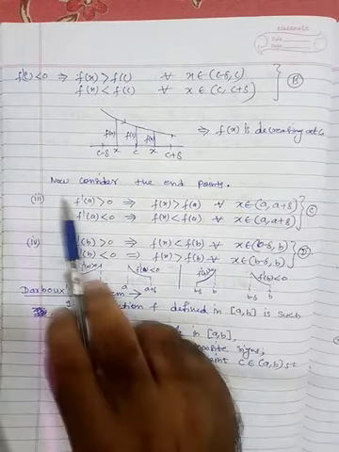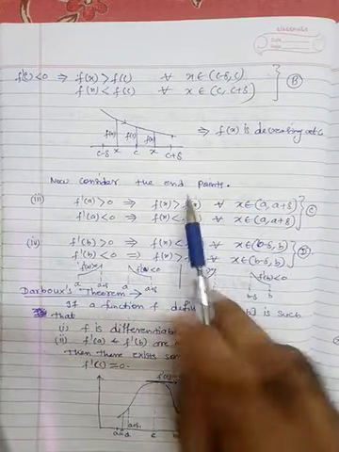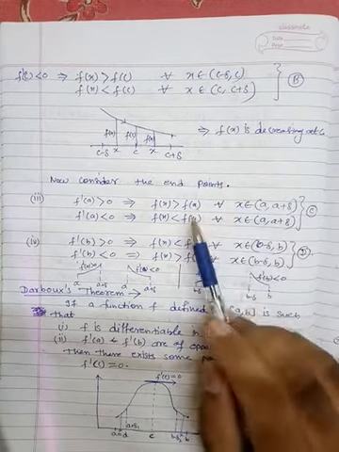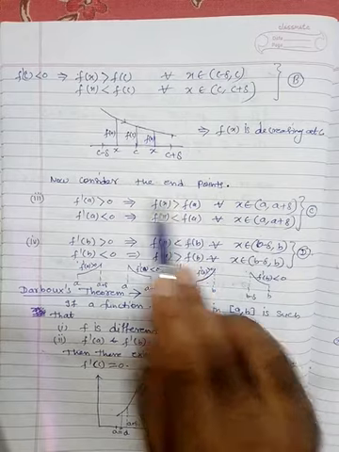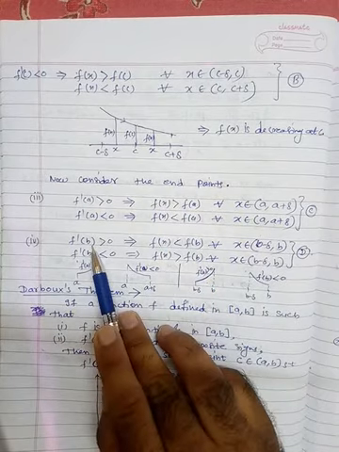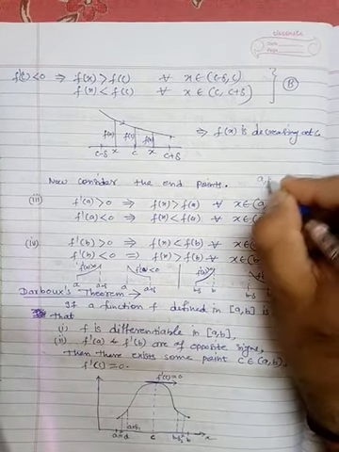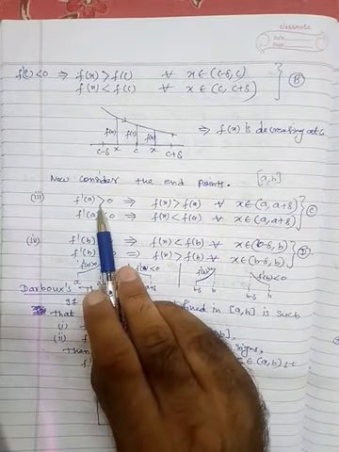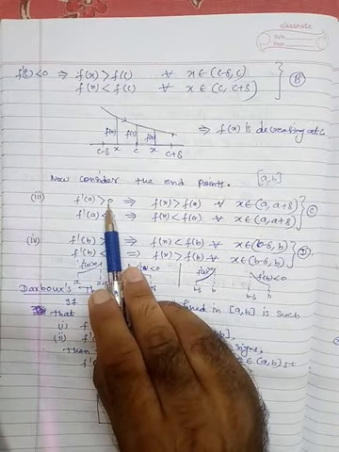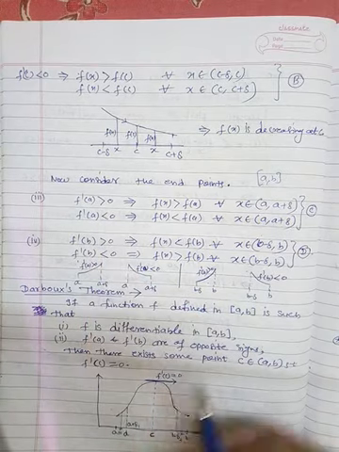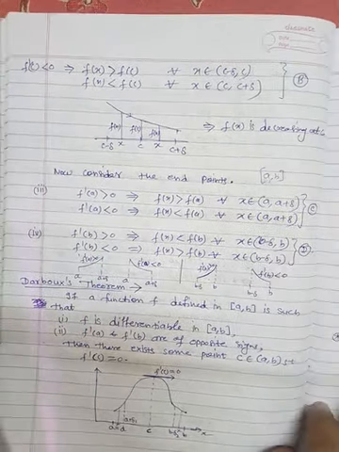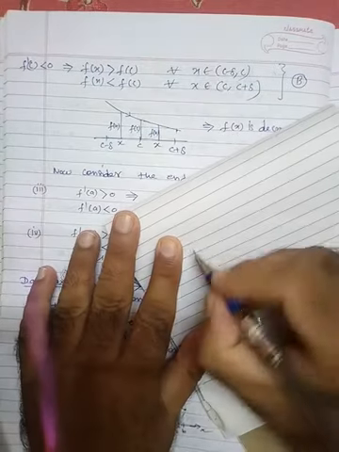ठीक. Now at the end point, because here we have taken c minus delta to c, open intervals. So end points means a and b, because our interval is a b closed. So if f dash a is positive, that means what?